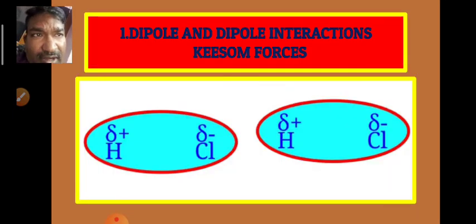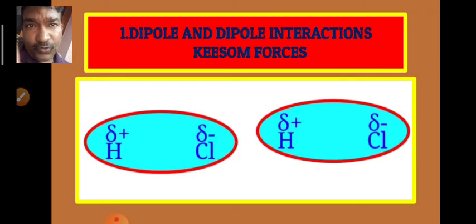First of all, we go for the dipole-dipole interactions. These interactions are also called the Keesom forces. Here, we know very well that heteroatomic molecules, that means molecules made up of different atoms, will certainly show some polarity because different elements have different electronegativity.